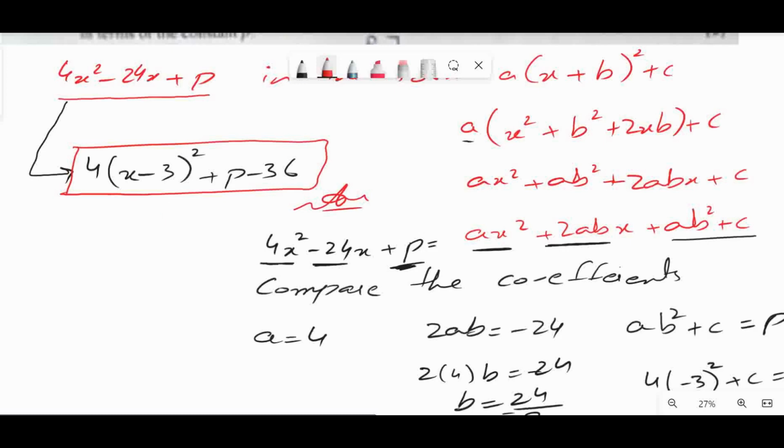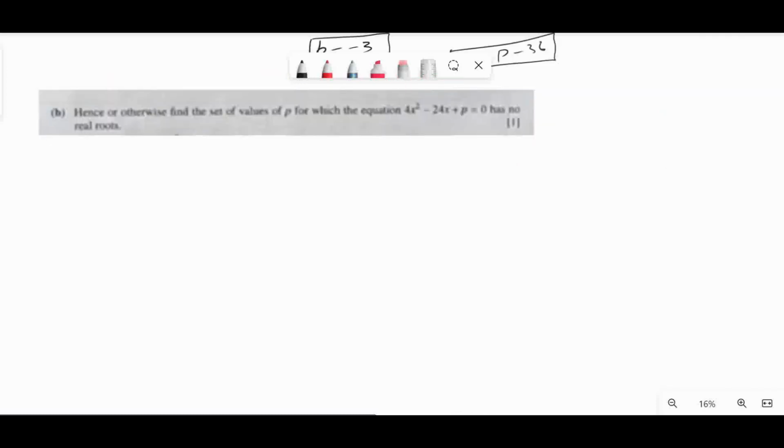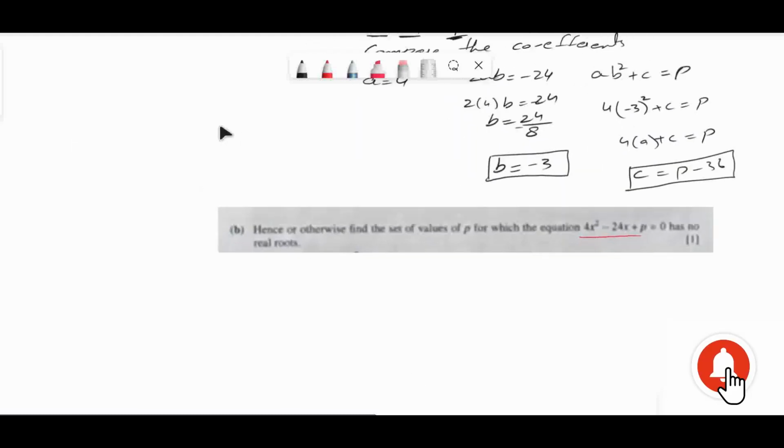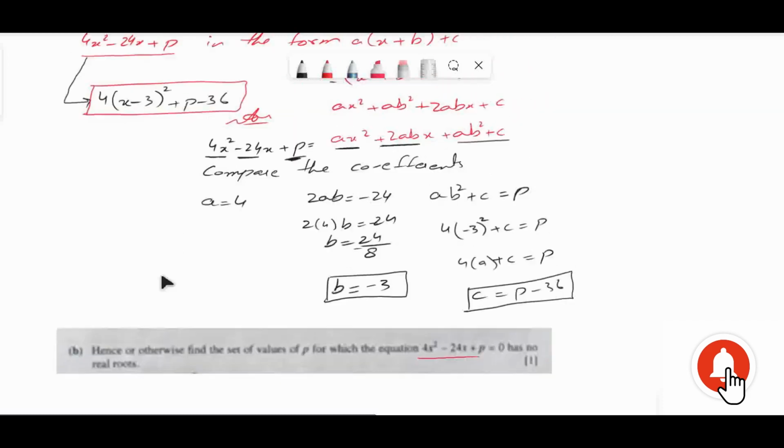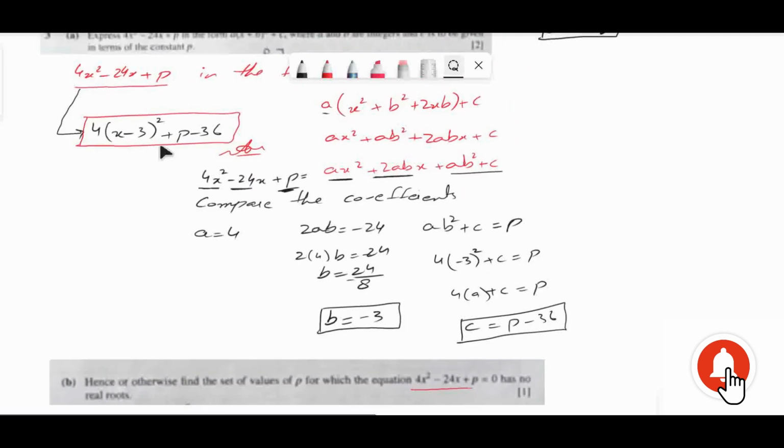Let's move on to part B. The second part is: hence or otherwise find the set of values of p for which the equation 4x square minus 24x plus p has no real roots. Now as we have done in the previous part, we can simply copy it from here.